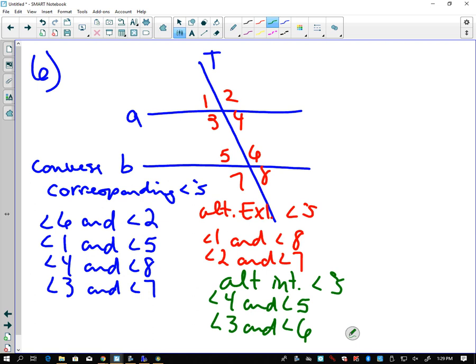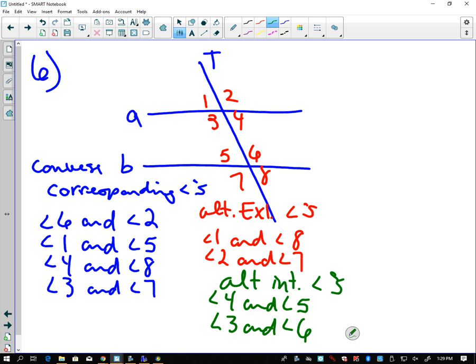Can I make anything out of that? No? What about 2 and 3? They're congruent, aren't they? They're vertical angles. Can I use those to prove that those two lines are parallel? No, because neither of them touch line B.